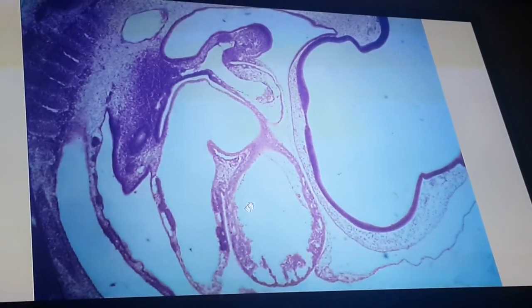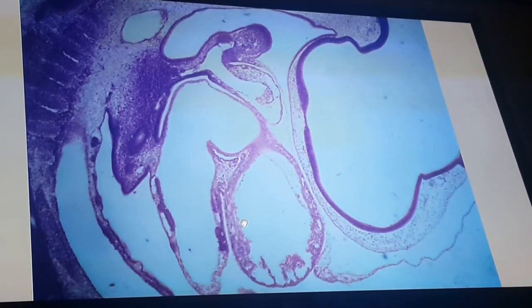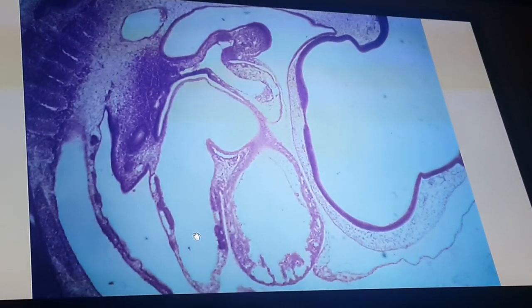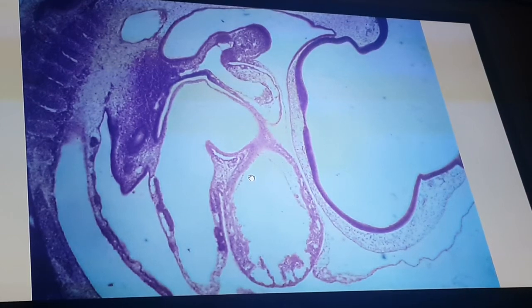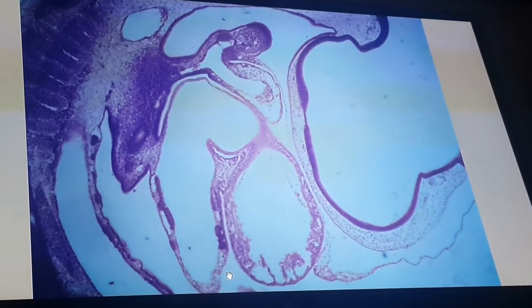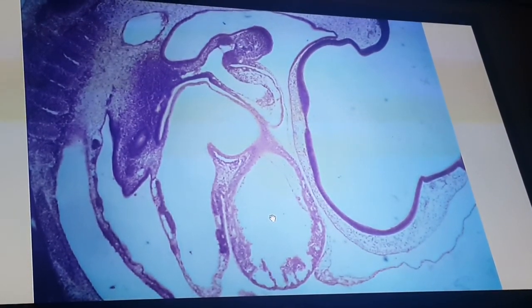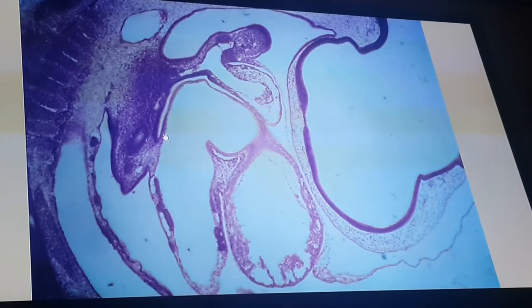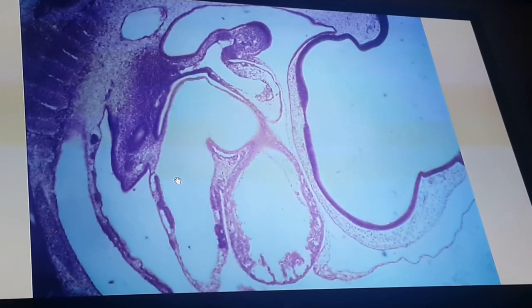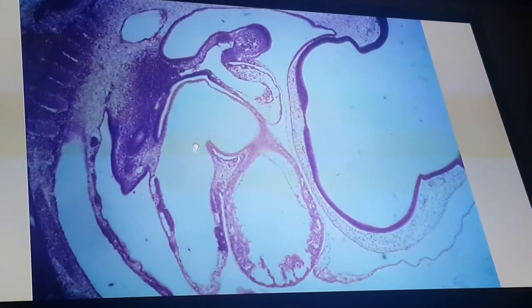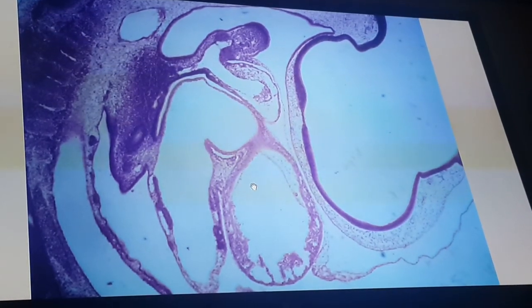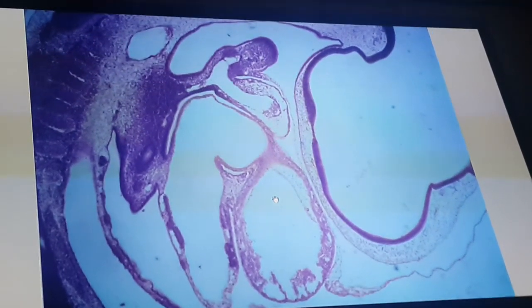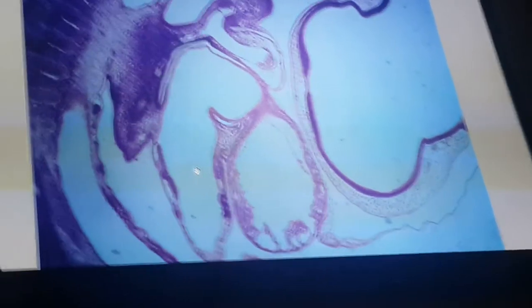Just notice how it is folded or bent, because the heart is growing in a size which is more than the size of the pericardial cavity. So it will become folded. And again, we can know the parts of this heart tube as bulbus cordis, ventricle, atrium, but it is only for simplification that you have to describe this as a heart loop only.